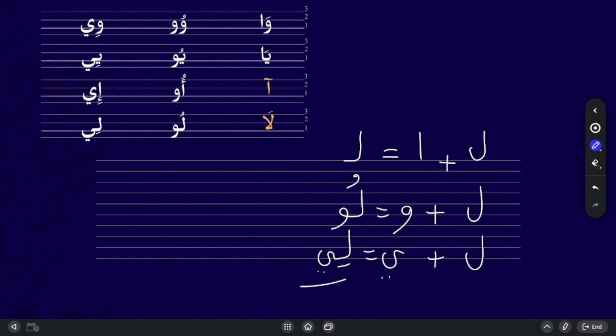We cannot just close the lam and put an alif standing alone. This idea of two shapes like sticks standing side by side in Arabic is just not possible, and therefore we have a new symbol. We just cross it with the alif diagonally. So lam plus alif equals laa. So laa, loo, and lee.